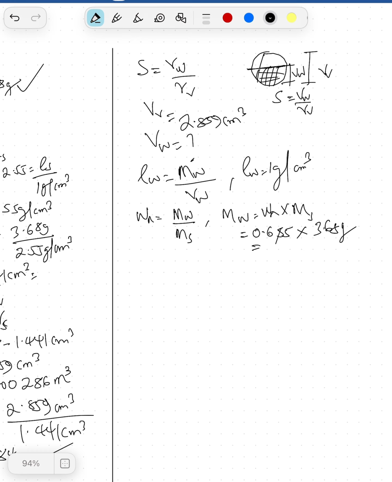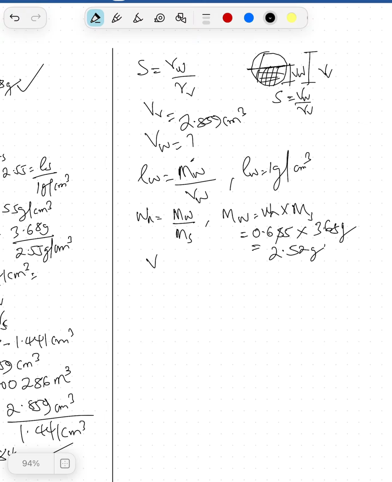So 0.685 times 3.68 is 2.52 grams. That is the mass of water.